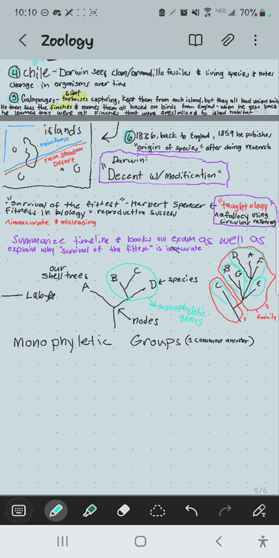But remember that a species name is made up of a genus and a species. These are underlined because you're probably going to handwrite them.